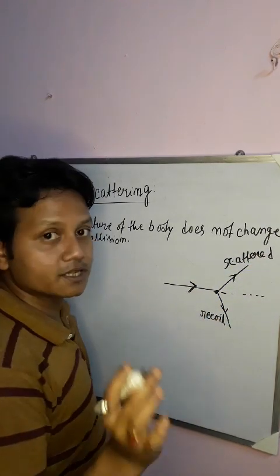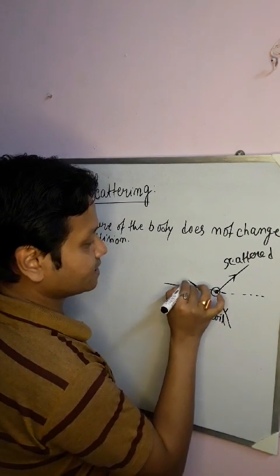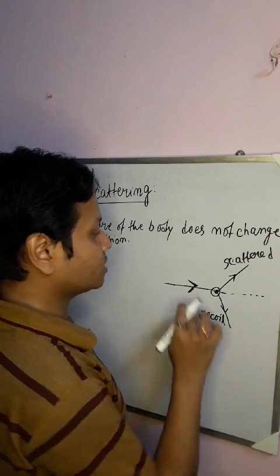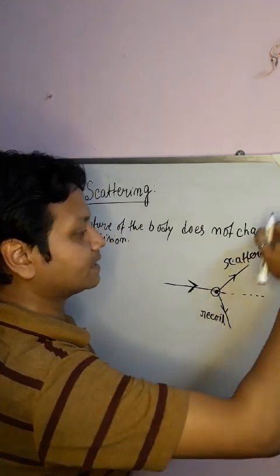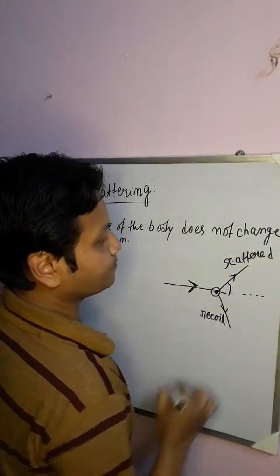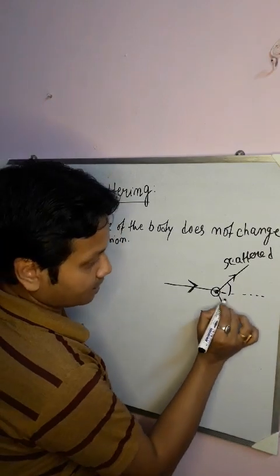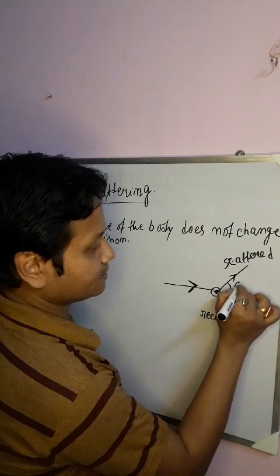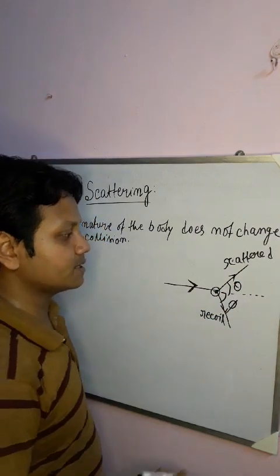Suppose there is a target element placed here and the incident particle strikes it. After collision the incident particle is scattered at some angle, and the target particle recoils in another direction by another angle, say this is theta and this is phi.